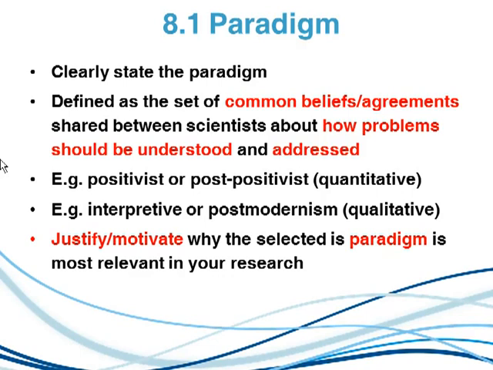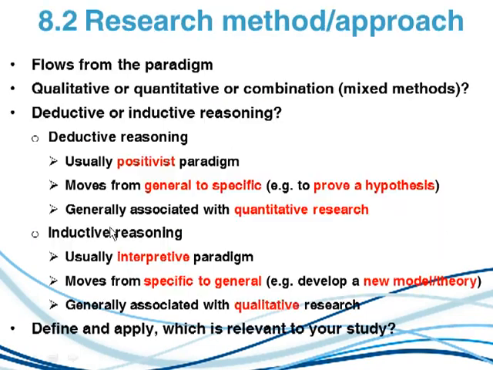If you're doing qualitative, generally most research is interpretive or postmodernism. So all you do is you give a definition of whatever term you're using, a few different definitions, you apply it to your research, the definition will explain what it is, and then you justify why you've used that. And then you're done with this section. Justify why you've selected the paradigm.